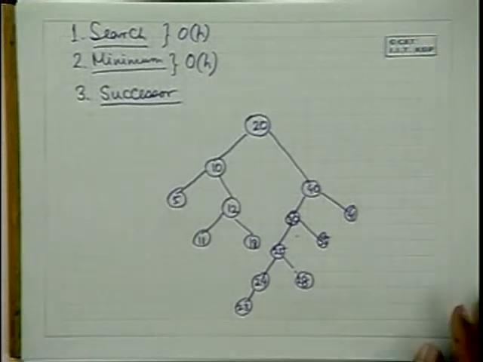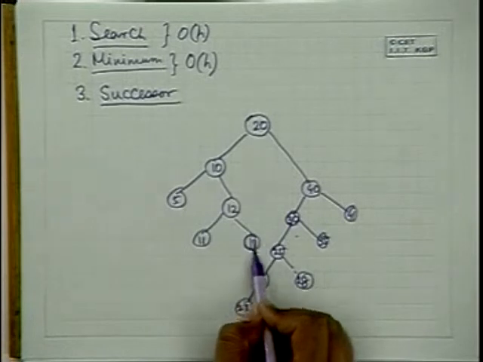Suppose this is a binary search tree, and we want to find out the successor of 18.